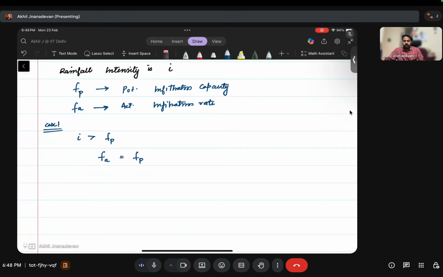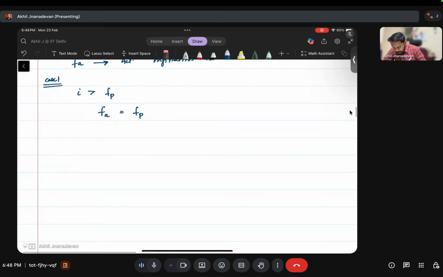Even if the intensity I is greater than FP, that much cannot be infiltrated. Only maximum FP can be infiltrated. The second case is I less than FP. That is, the rainfall that is happening is less than the maximum infiltration rate. Then the actual infiltration happening will be equal to I, right? The rate of the infiltration will be the same as the rate of rainfall. That is the second case. Okay.